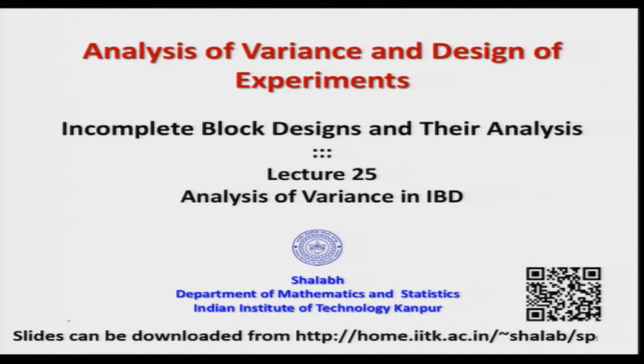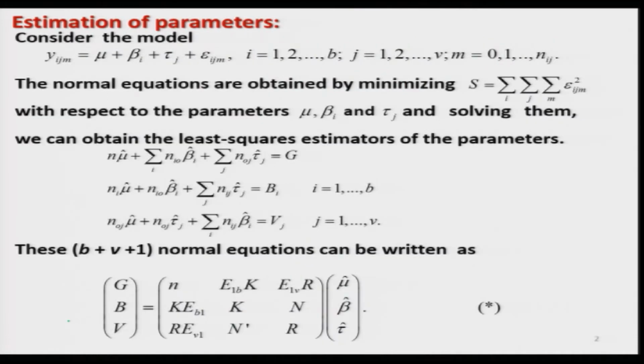Okay, so, just for the sake of a quick review, recall that in the last lecture we had considered the model y_ijm = mu + beta_i + tau_j + epsilon_ijm, where i goes from 1 to b, j goes from 1 to v, and m goes from 1 up to n_ij.